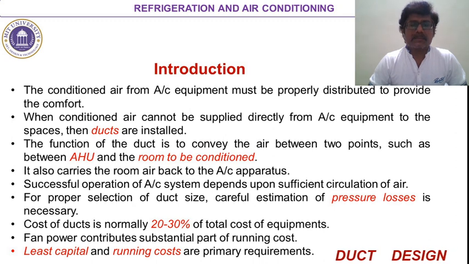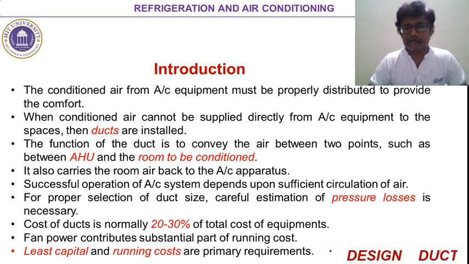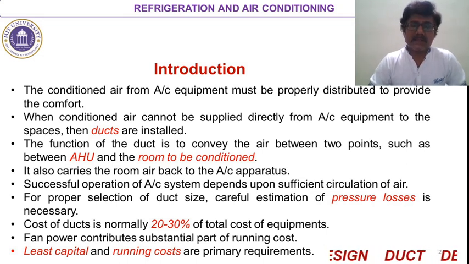And when the conditioned air cannot be directly supplied from the air conditioning apparatus to the space that is to be conditioned, as we are just discussing for the central air conditioning systems, then the ducts need to be installed, the ducts need to be erected. Hence the function of the duct is to convey, transfer, or transmit the air between two different locations.